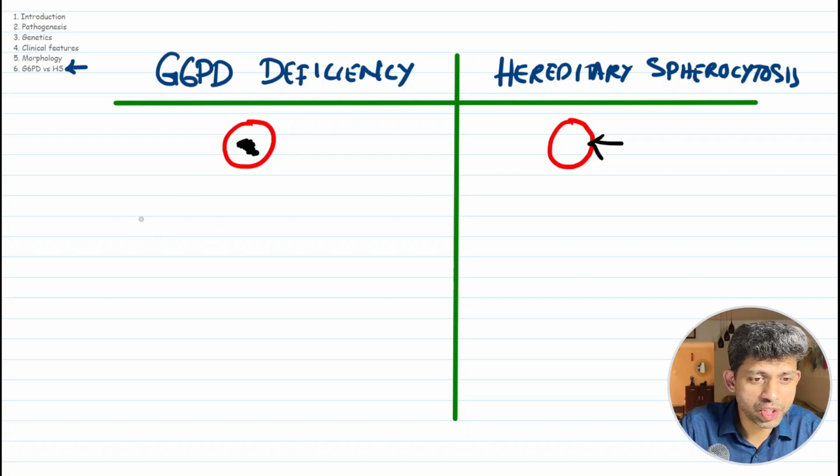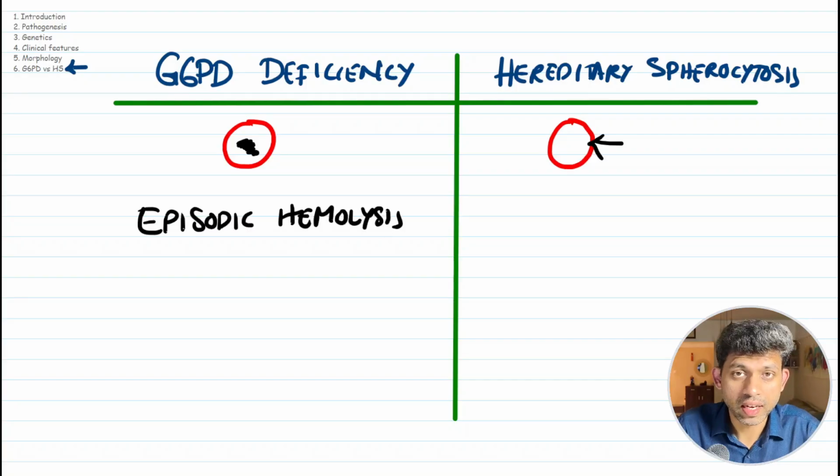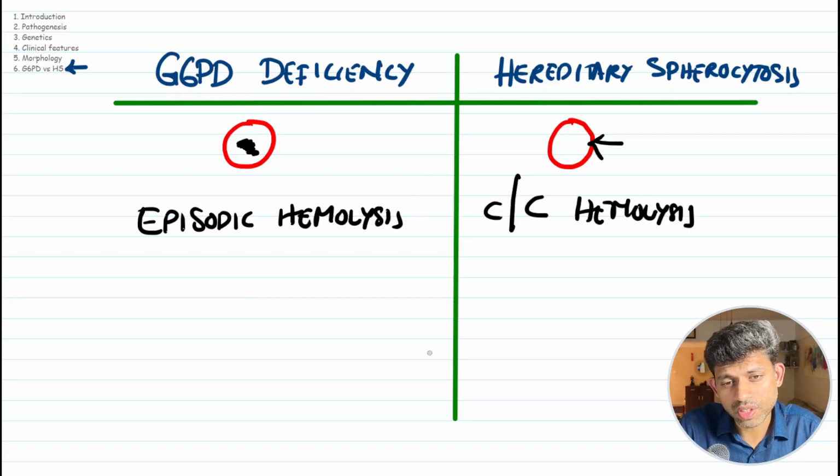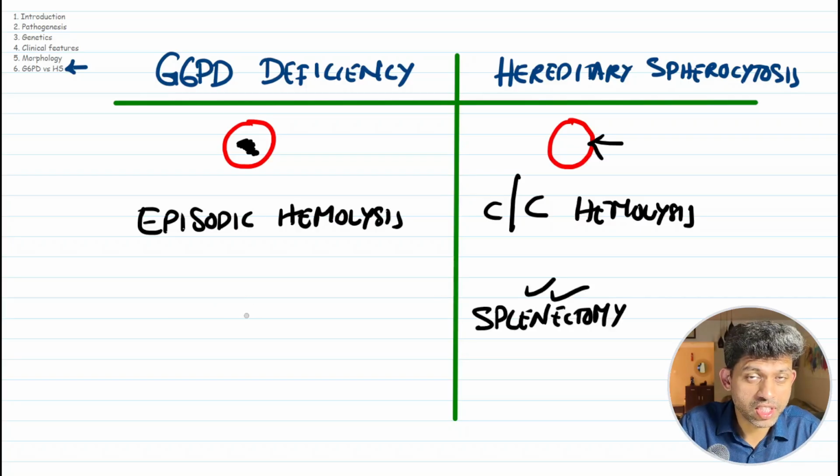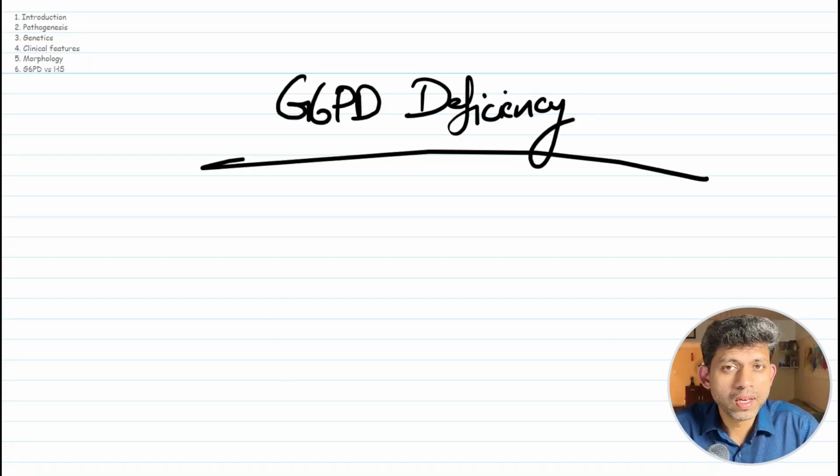G6PD deficiency leads to episodic hemolysis, while in hereditary spherocytosis, you get to see chronic hemolysis. In hereditary spherocytosis, splenectomy helps, but in G6PD deficiency, splenectomy is not helpful. If you have come till now, you have just understood the most common inherited enzyme defects in human beings.